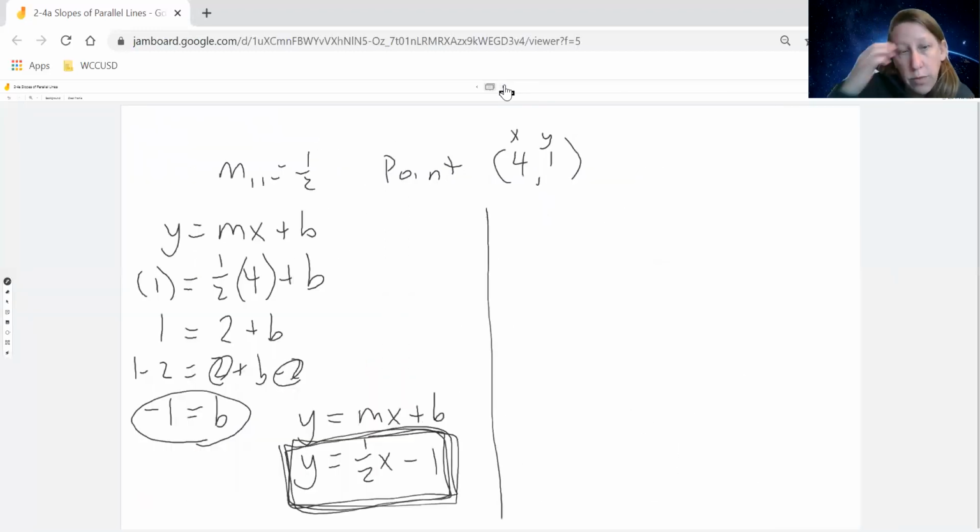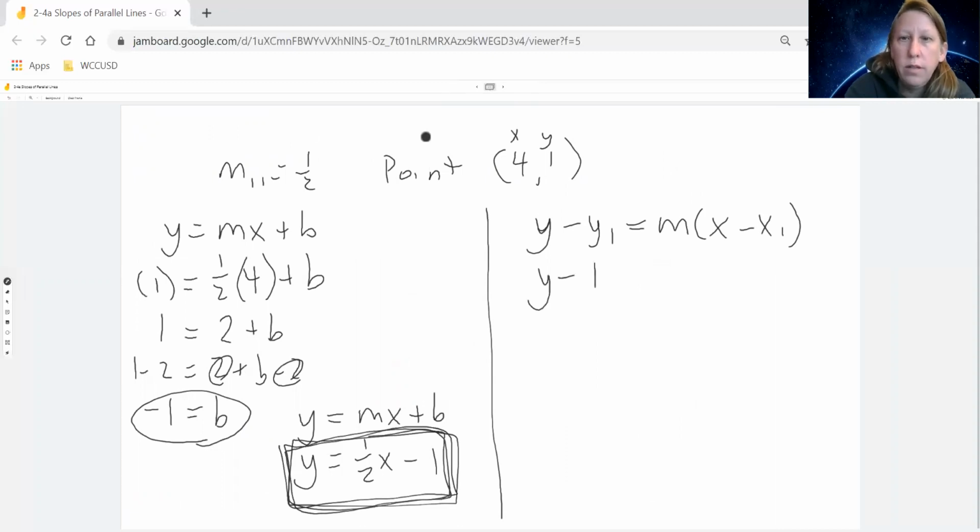Let's look here. I said there's another way. Another way to do this problem is with the point slope form, which I just told you about. Some of you will like it. If you want to challenge yourself, see if you can figure this out. This is going to be y minus 1 equals 1/2 times x minus 4.